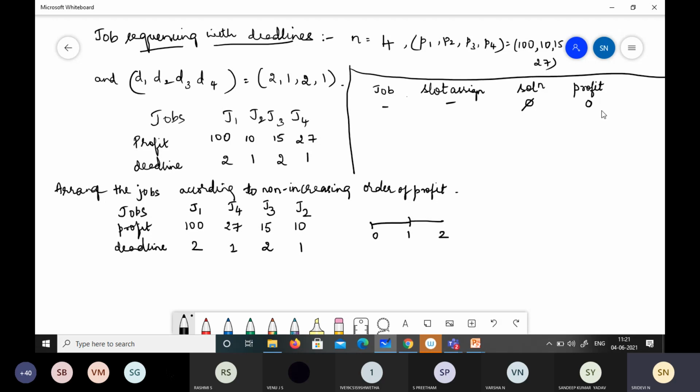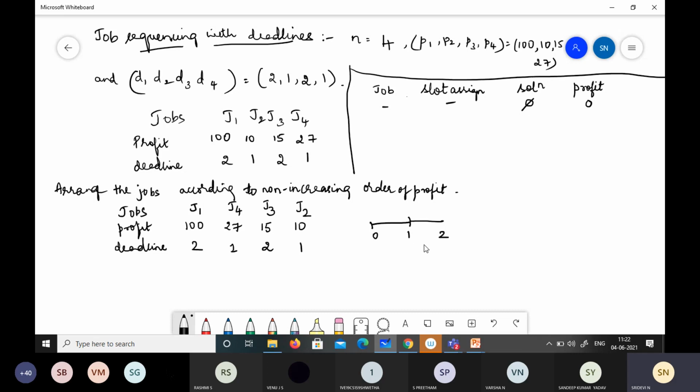Now, I have 2 units of time. 2 is the maximum time which is given to the machine. In these 2 units of time, I should complete 2 jobs such that I'll get maximum profit. Which 2 jobs if I select, I can get maximum profit here?